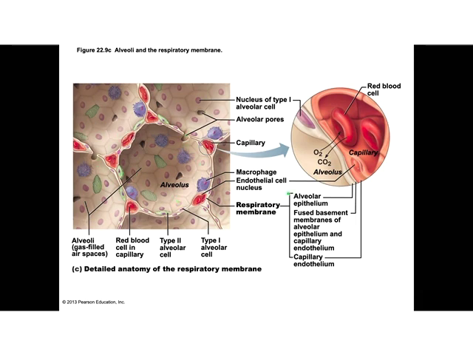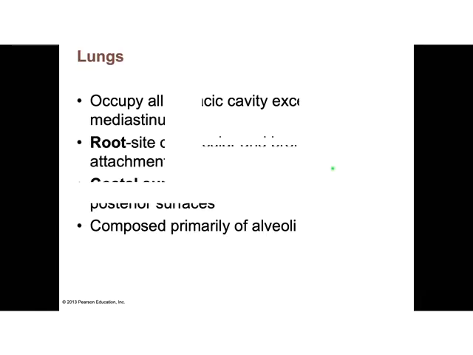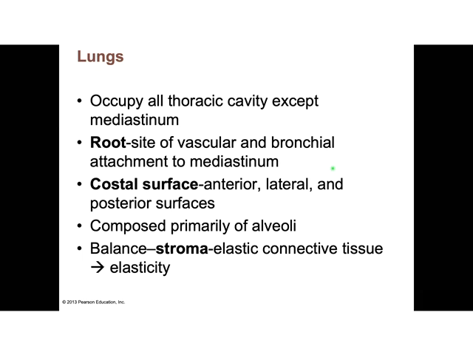So look at the membrane, right? Endothelial and basal lamina and another endothelial. And then oxygen, CO2 can go right through that. Anything that thickens that layer is going to impede the ability of the lungs to do gas exchange. The lungs occupy the entire thoracic cavity with the exception of the mediastinum.